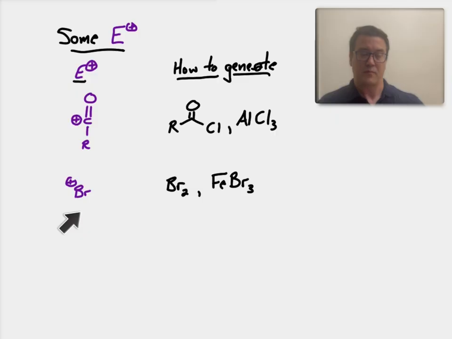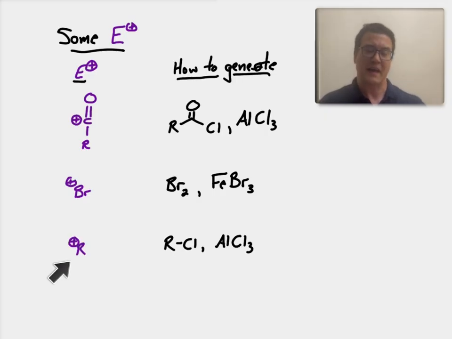A cationic bromine atom can be added as an electrophile when you treat bromine, Br2, with iron tribromide. Similarly, chlorine, Cl2, with iron trichloride will give you the Cl+. Again, a very similar mechanism to the one above: the iron effectively rips one of the bromine atoms away from the other one.